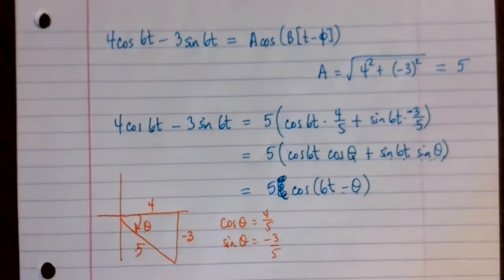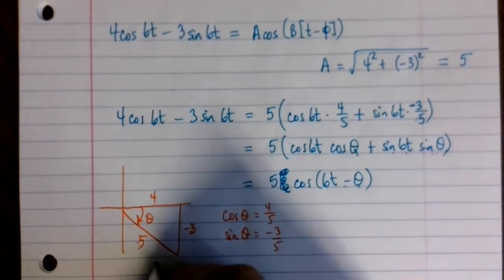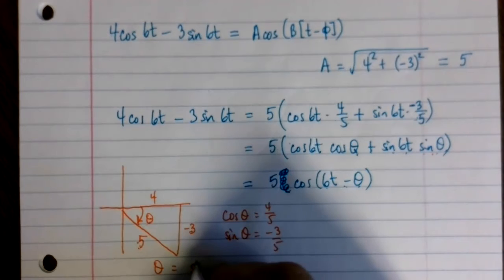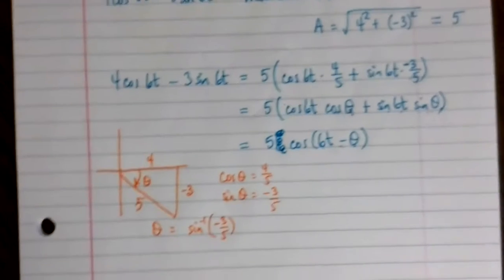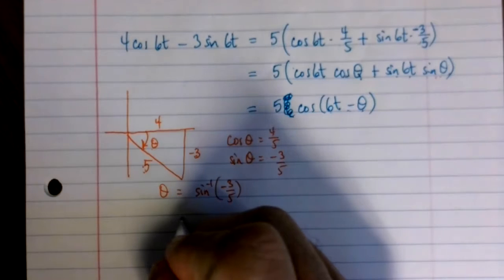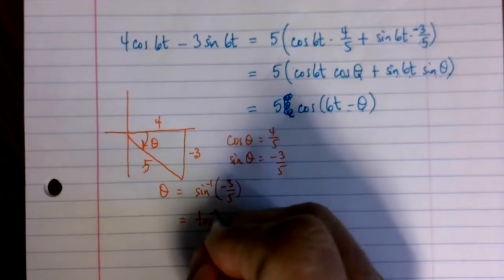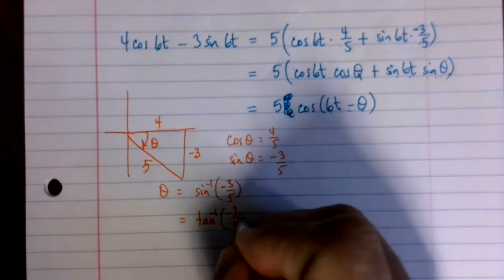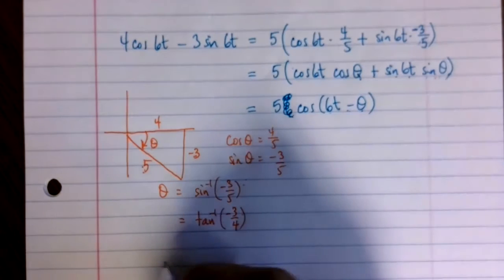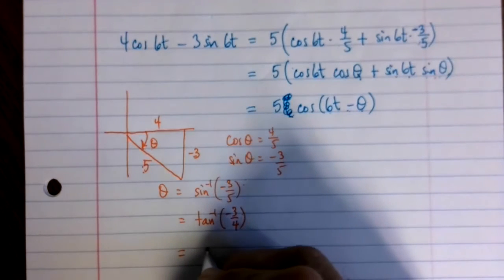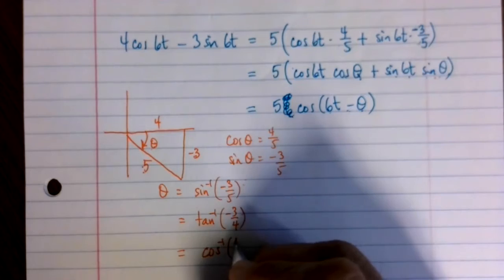All right, now there are several ways to solve for the angle theta here. We could write theta is equal to the arc sine of negative 3/5. That would work. Alternatively, we could write it as the arc tangent of negative 3/4. That also works. And if you plug both of these in your calculators, you get the same answer. What I can't do is write this as the arc cosine of 4/5.